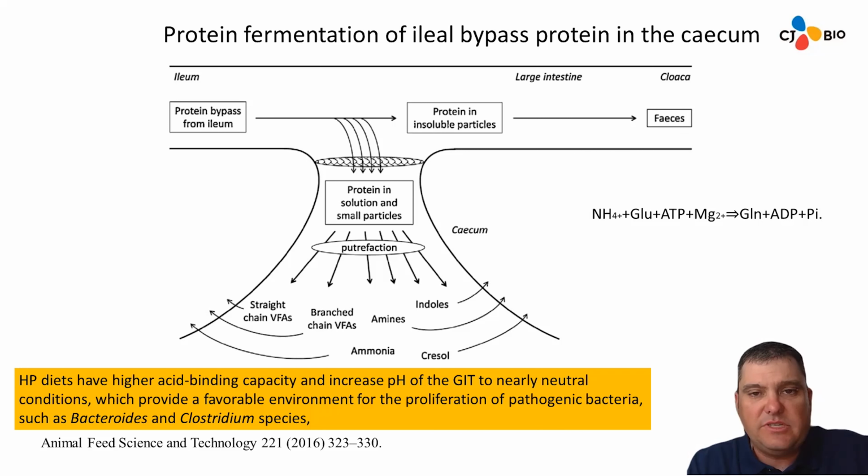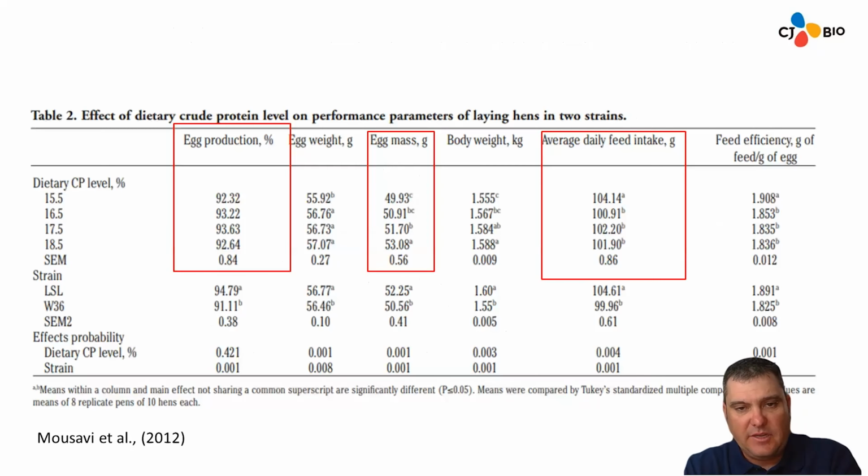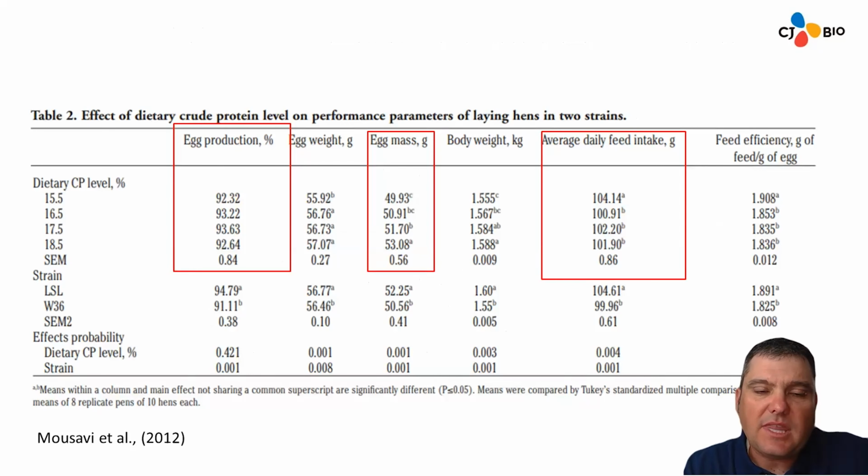What we were trying to do was increase the amount of bypass protein that was present for Clostridium perfringens to be able to ferment and proliferate and produce toxin. So again, we want to keep that protein level down, which can benefit our birds. This is the thing that everybody is concerned about when you introduce protein.